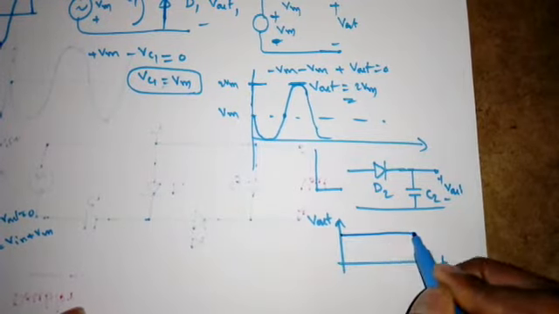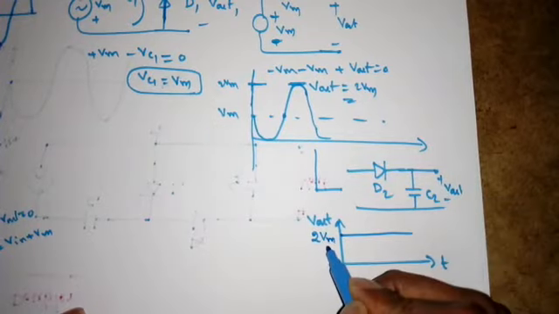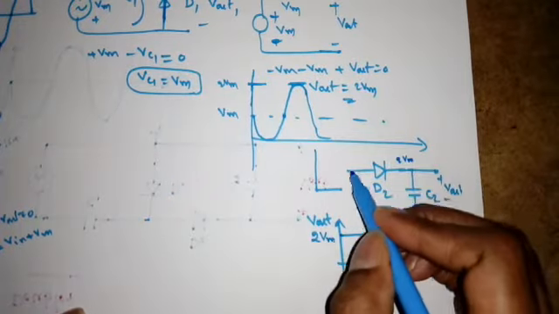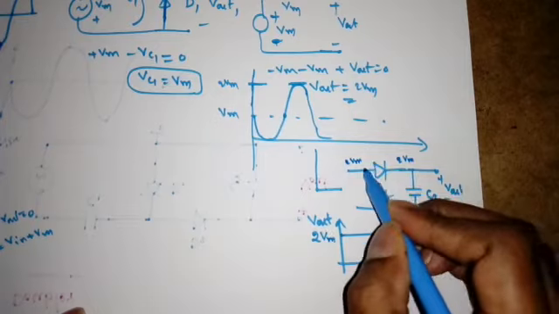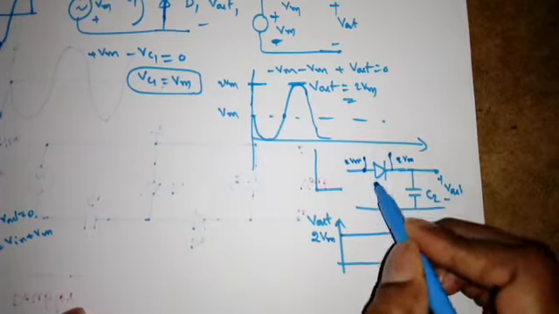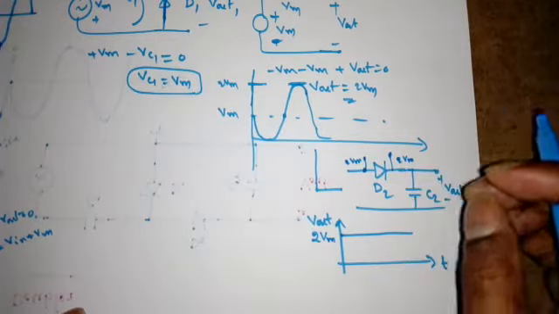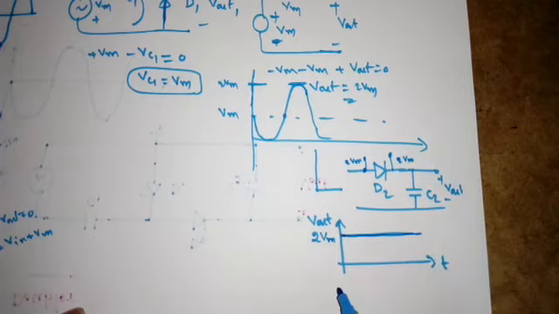So what is the peak? 2Vm, as the capacitor is charged to 2Vm, right? So the input maximum is 2Vm. The moment it is charged to 2Vm, the diode will be off, that means it will be open circuit, then the capacitor stores 2Vm for infinite time. So we'll get the output like this, right?